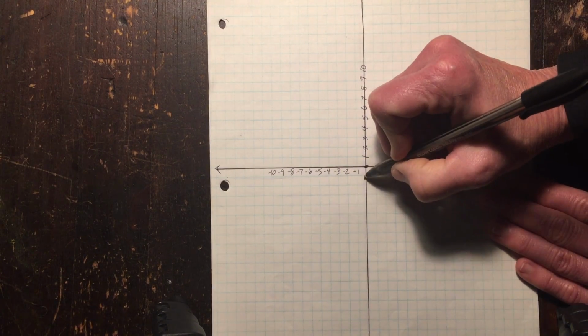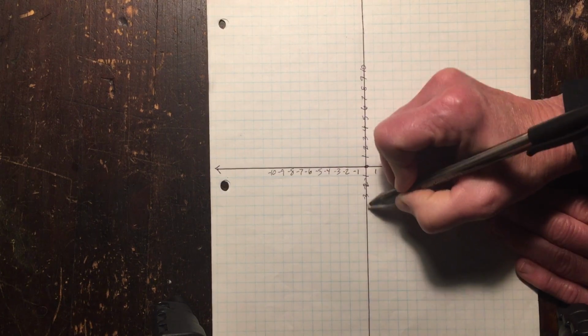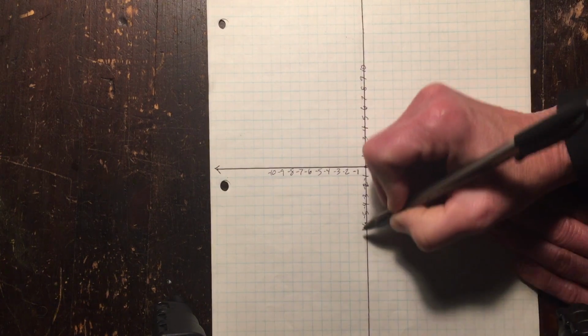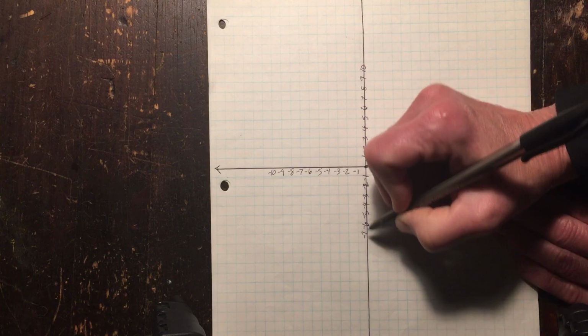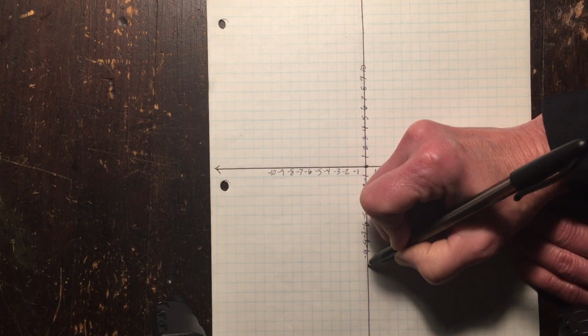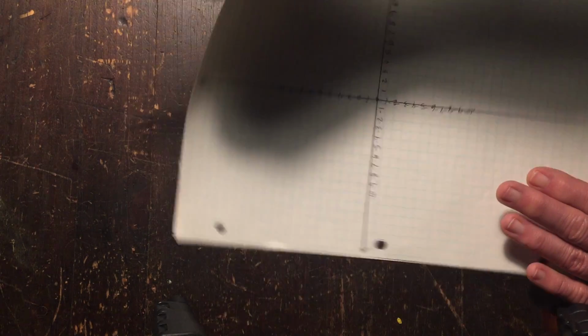The opposite direction would be -1, -2, -3, -4, -5, -6, -7, -8, -9, -10. Kind of hard to do the negatives on the line, but you get the idea. All right.